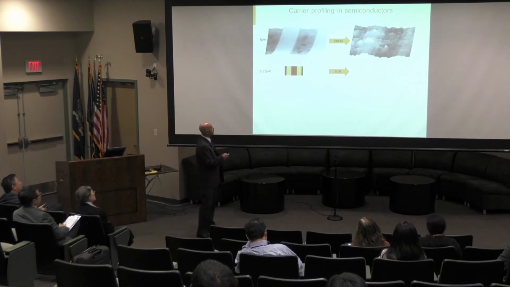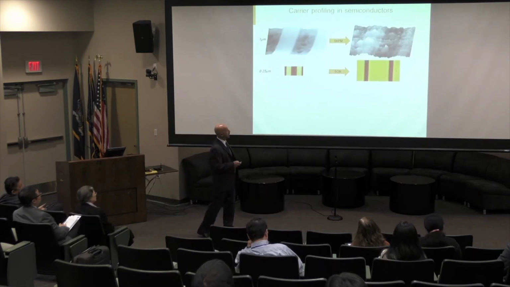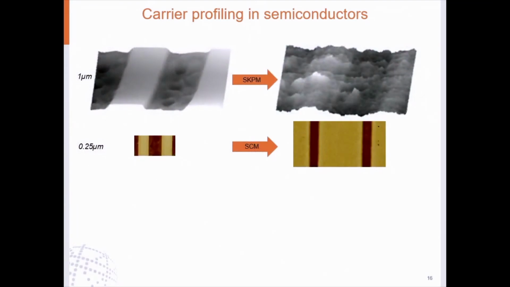And what we did was we developed this technique into a much more user-friendly technique, and actually developed the instrumentation so that it worked, in signal-to-noise ratio, lateral resolution, and so on. This is a lot smaller image, but it's even so much cleaner than what we were able to do using scanning Kelvin probe microscopy.